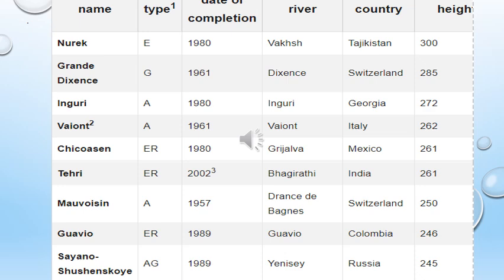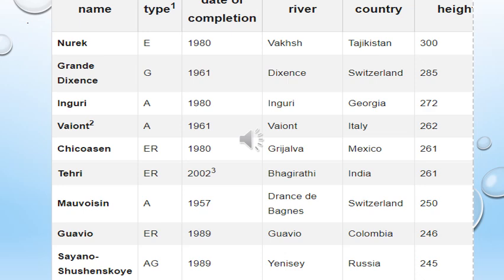So, now here is the Nurek dam. This is an earthen dam, completed in 1980 on the Vakhsh river in Tajikistan, having a height of 300. Also shown here is the Tehri dam.